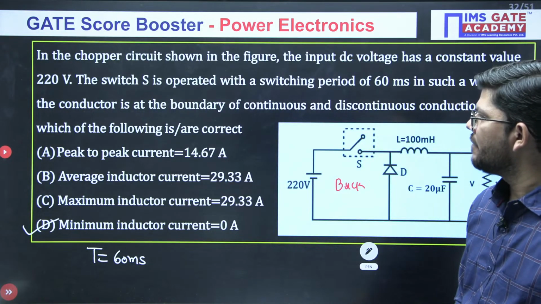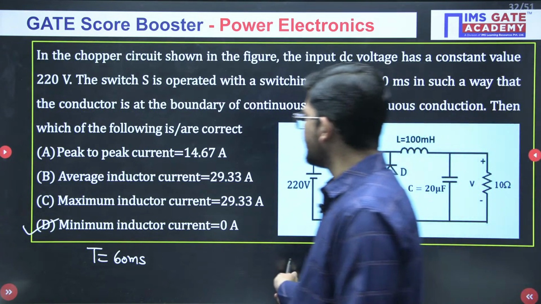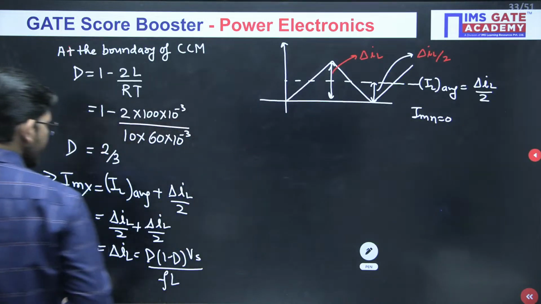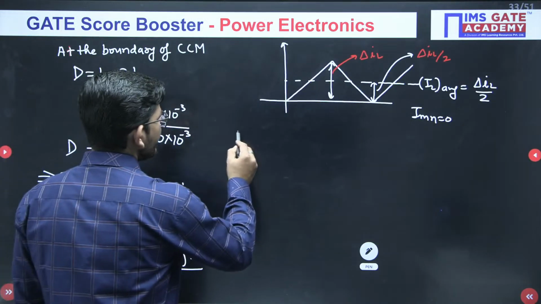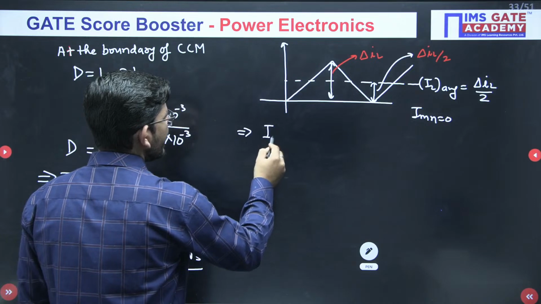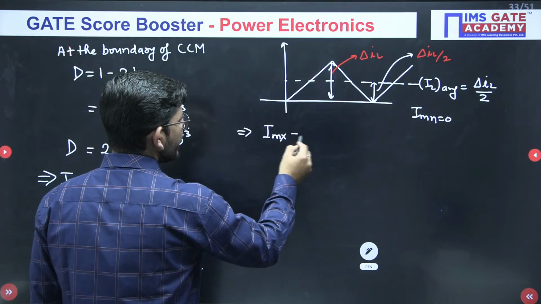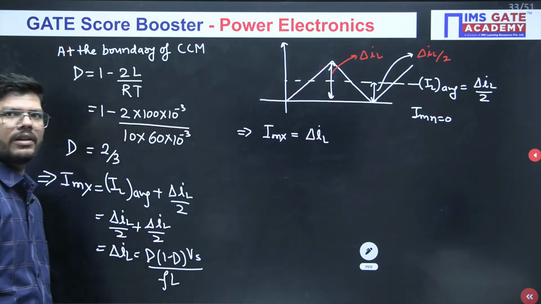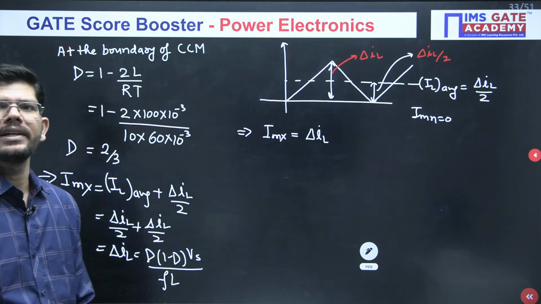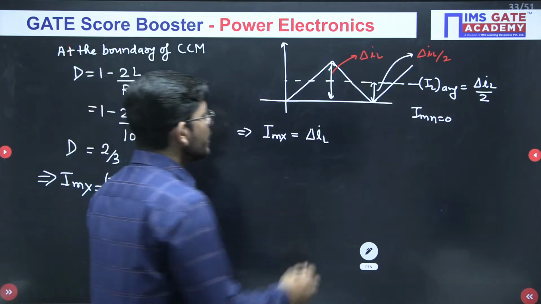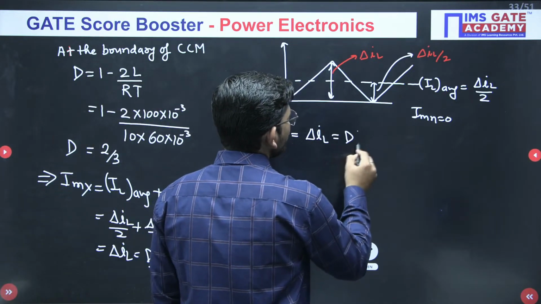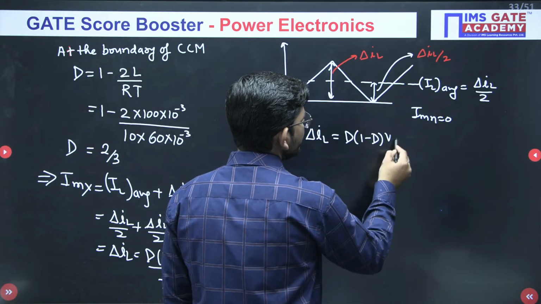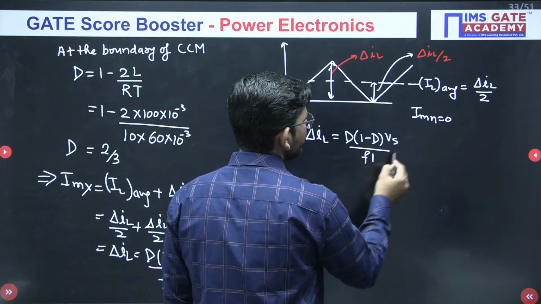Peak to peak current, average current and maximum current. All these currents is what we require. So just see, what we have obtained here is this value. I max, which is maximum current, is equals to peak to peak current as well. Okay, peak to peak current means delta IL. Yes, very good, Nilmesh. Which is D 1 minus D Vs over FL. This is what we have concluded.